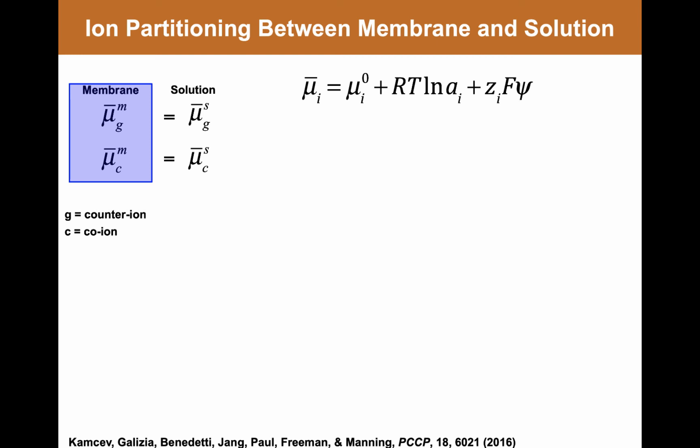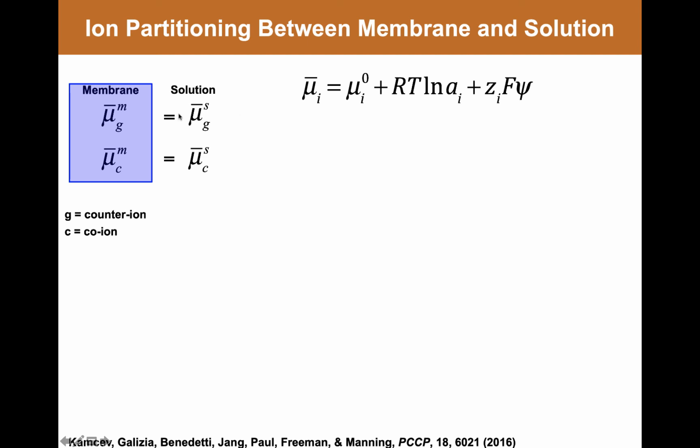Like in uncharged systems, this just gives the concentration dependence of the chemical potential of ion i. So as the concentration of ion i varies, what does that do to its electrochemical potential? It's exactly the same definition as you would find for uncharged solutes, for example, water partitioning into a polymer or oxygen partitioning into air.